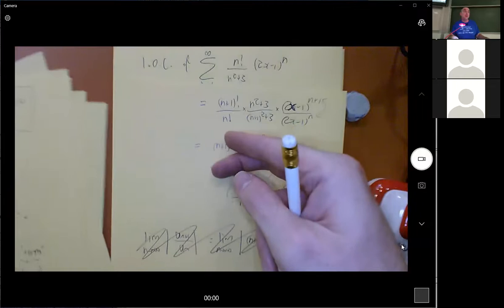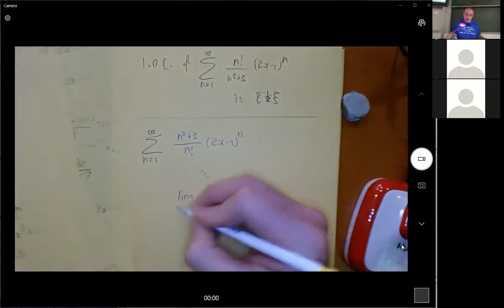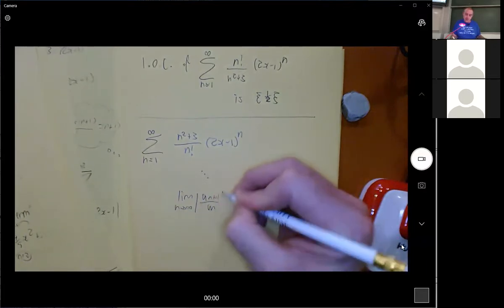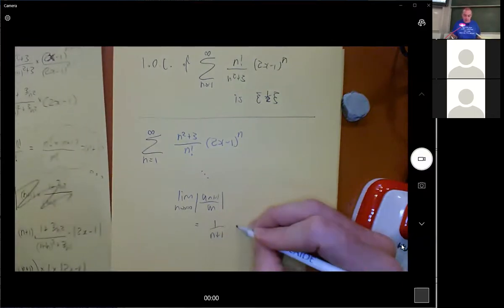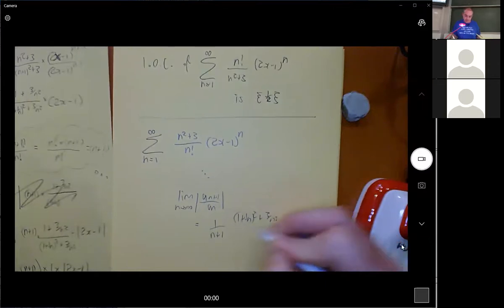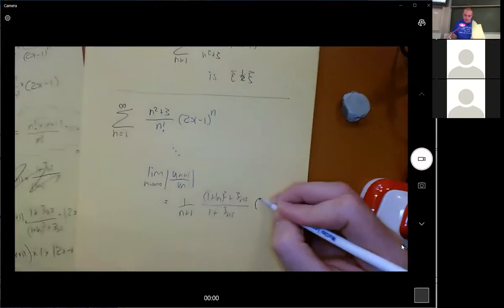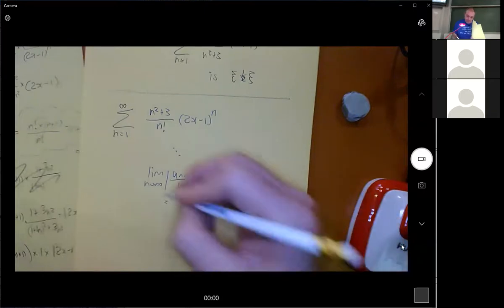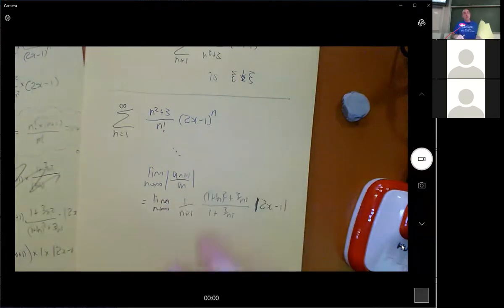It'll be 1 over n plus 1. So when I do this working, the limit as n goes to infinity of a_(n+1) over a_n is going to come out to 1 over n plus 1. Damn, there's still a limit, isn't there? Everything will be upside down.